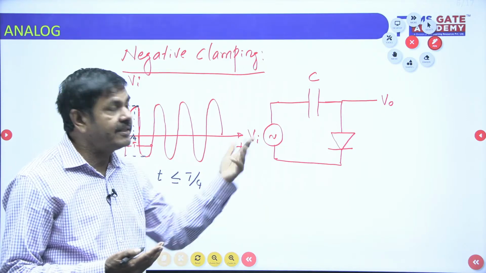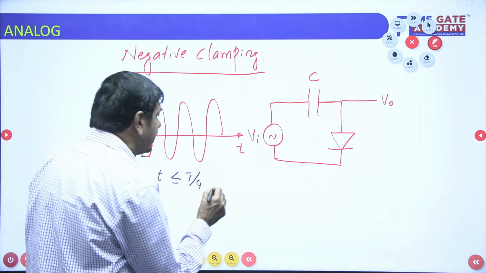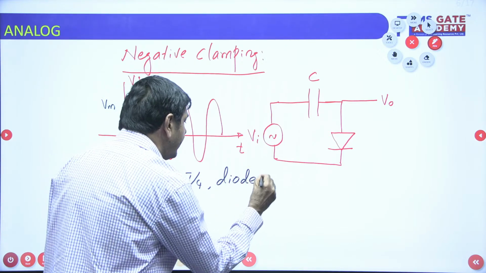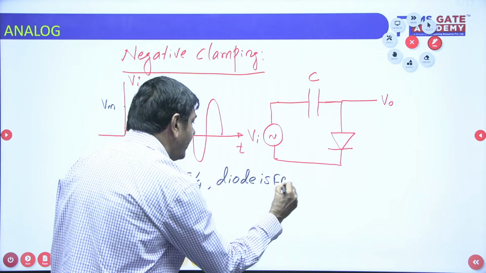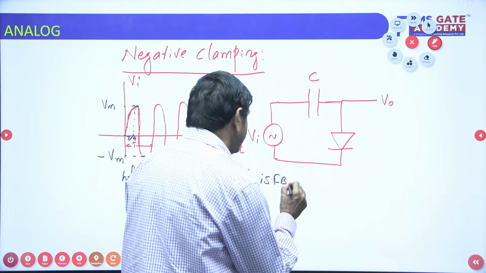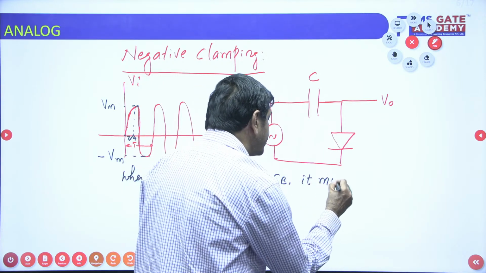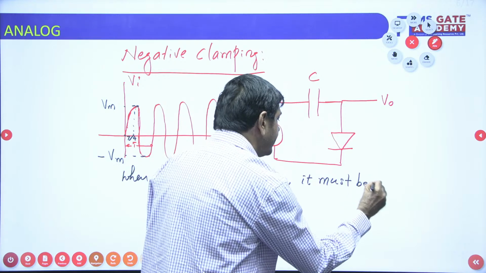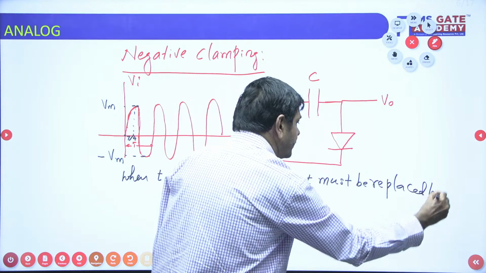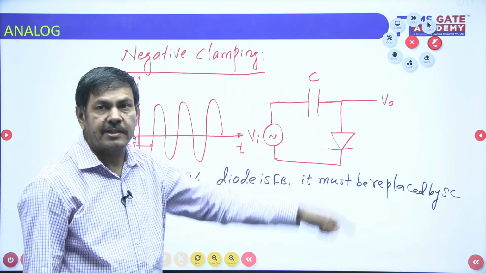So when t is less than or equal to T by 4, the diode is forward biased and is replaced by a short circuit.